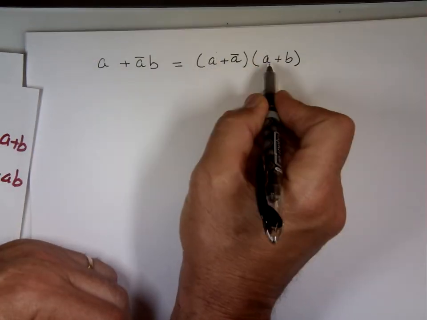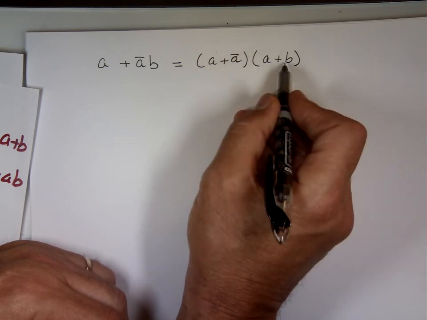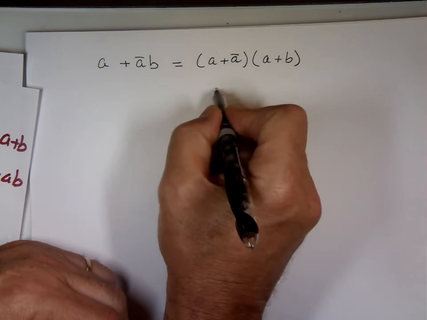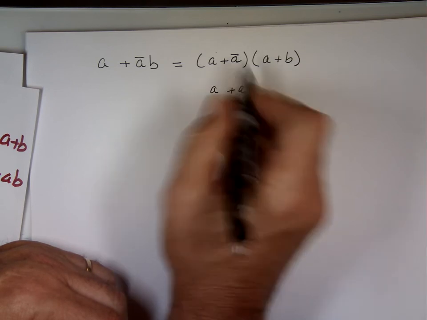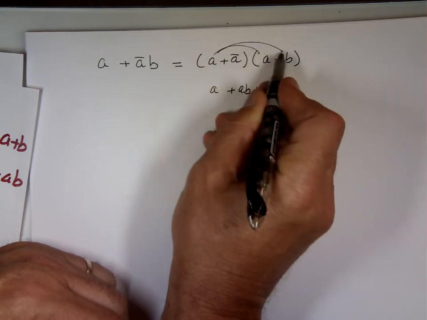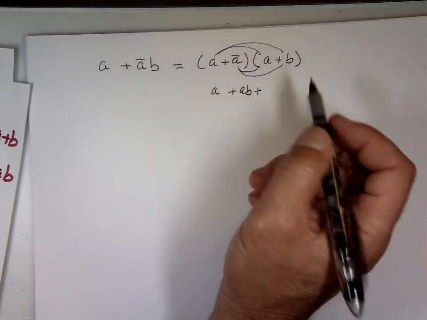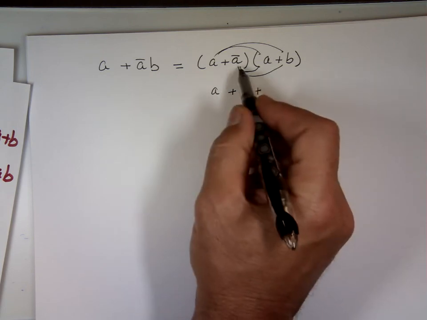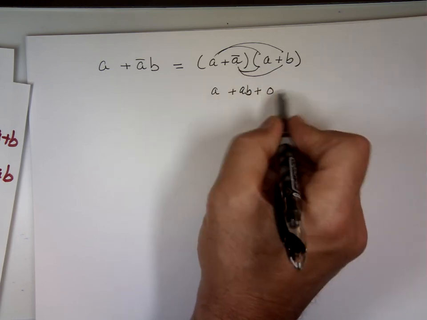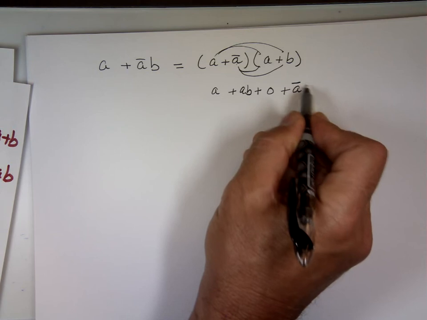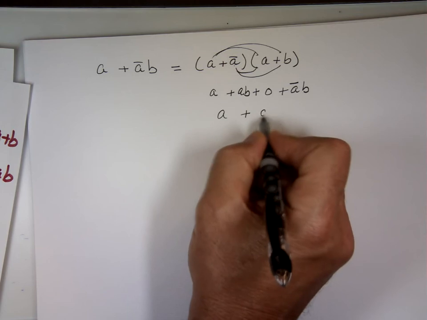A. That's AB. That's AB. Next one, what's A bar and A? 0. And this is what? A bar B, right? So I can rewrite that as A plus AB plus A bar B.